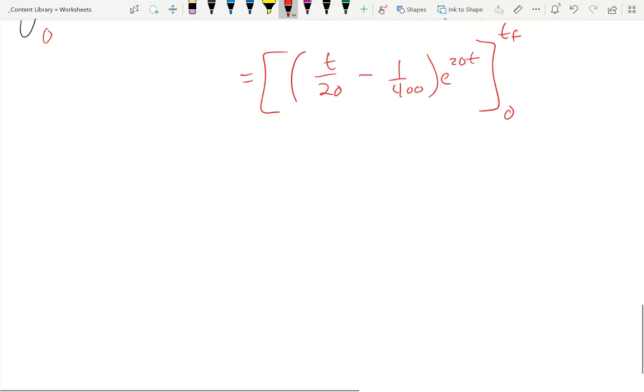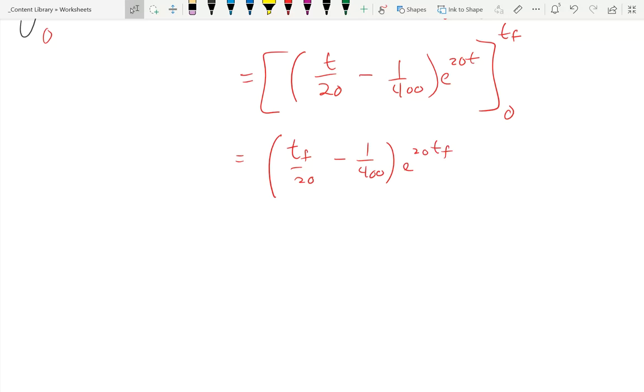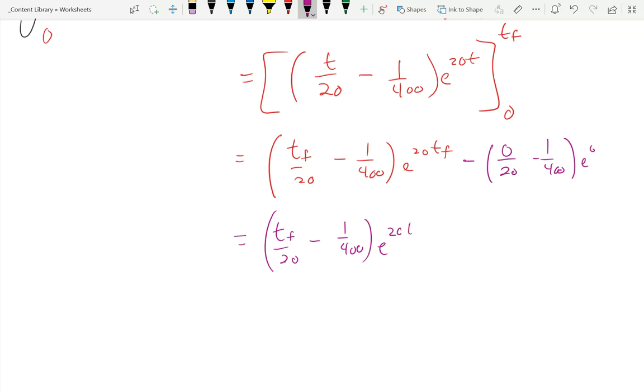Putting in the upper limit first, t final over 20 minus 1 over 400 e to the 20 t final, and then subtract the limit with 0 minus 0 over 20 minus 1 over 400 e to the 0. That gives t final over 20 minus 1 over 400 e to the 20 t final plus 1 over 400.